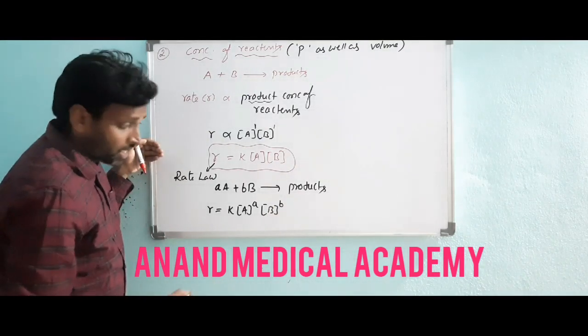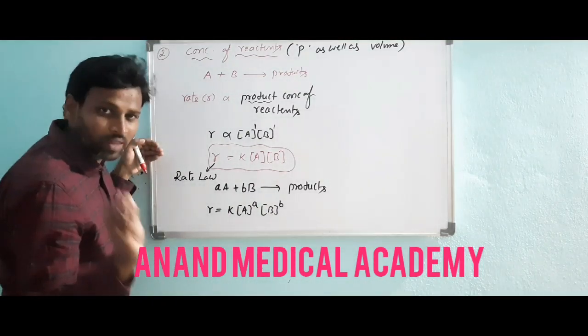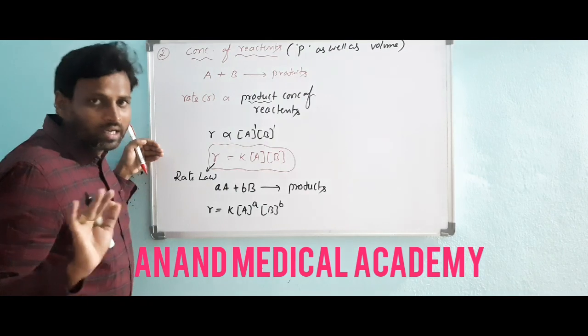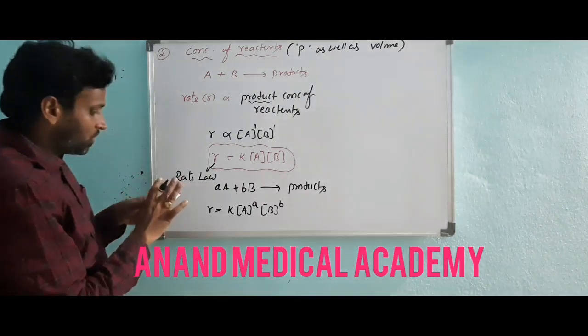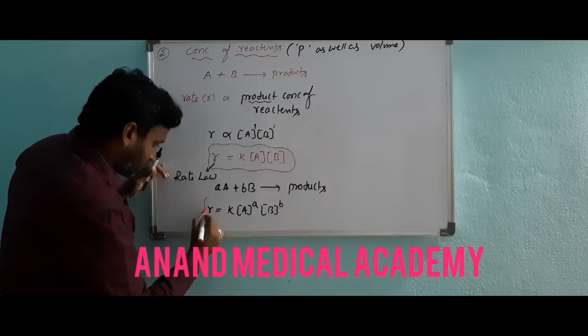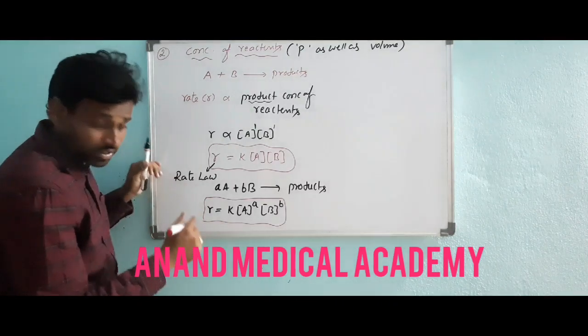And this a and b can be different sometimes, which we will discuss clearly in order of reaction. So don't worry about that. What is R? R is the rate of reaction.